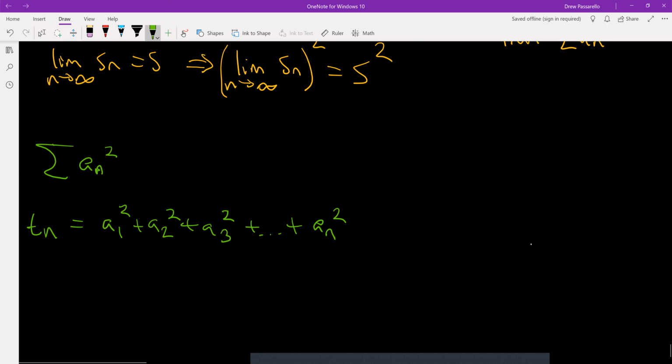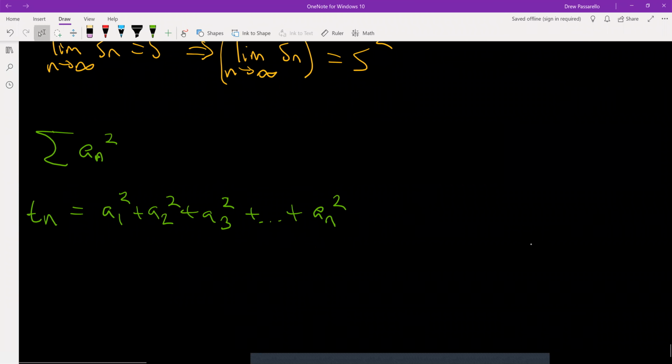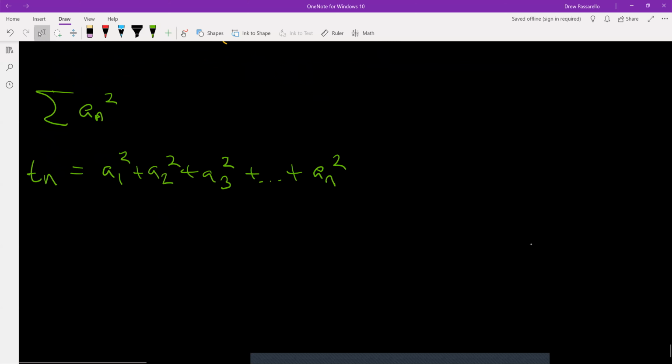And what can we say? So I claim, first notice that the sequence of partial sums Tn is monotone increasing, right?